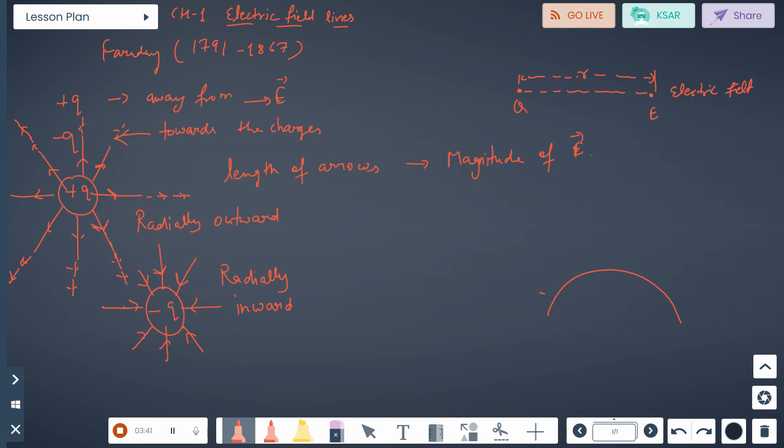We take first point P and second point R. These are imaginary lines drawn through a region of space so that the tangent at any point of it is in the direction of the electric field vector at that point. Understand?